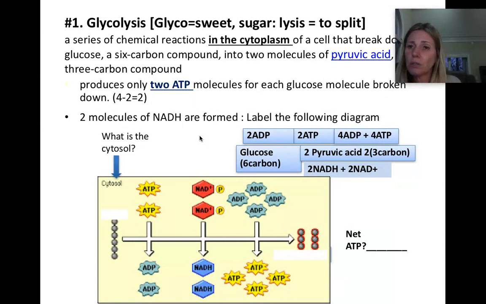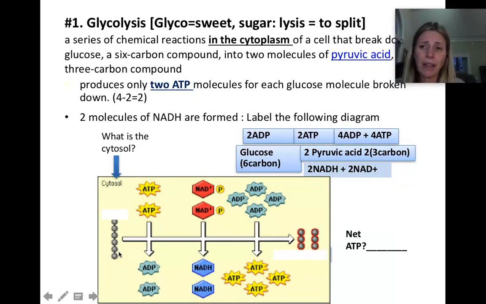So we're going to do this in class just to make sure that you understand it. The net ATP is 2. If you want to tackle that now and write in pencil, maybe give it a shot. And then when we come to class, maybe you'll be able to contribute some answers. So here, we're going to have 2 ATP going in. And then this 1, 2, 3, 4, 5, 6 carbon sugar is going to be called glucose.